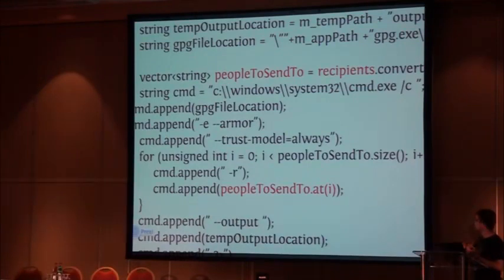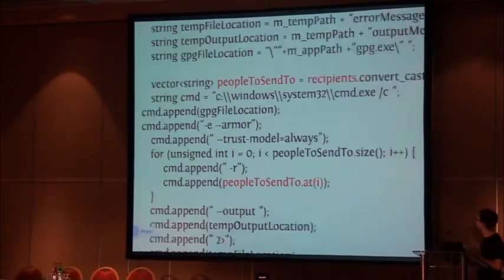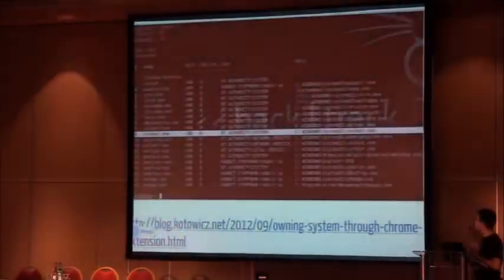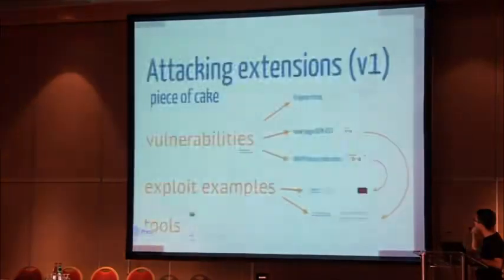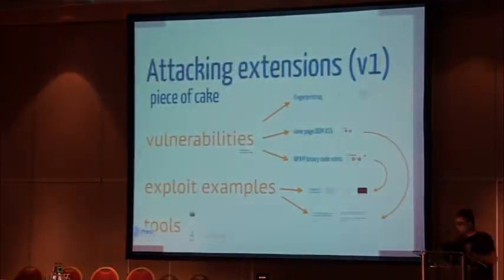But this one is actually the email addresses of the recipients. Of course, they weren't filtered, they weren't validated. Of course, there's a classic command execution vulnerability. So I sent an encrypted email, you decrypted it, and I have a Meterpreter shell on your box. That's the proof of how a developer can shoot themselves in the foot when using NPAPI plugins incorrectly.